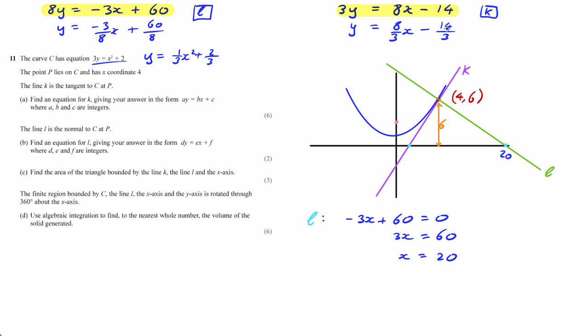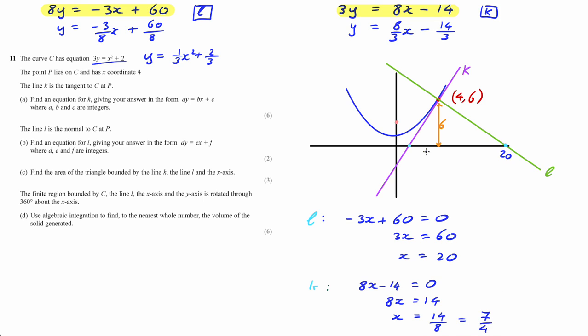And then for k, again let's go back to this top one. I can say 8x minus 14 equals 0, because y is 0, guys. 8x equals 14. And then x equals 14 divided by 8, which is 7 over 4.